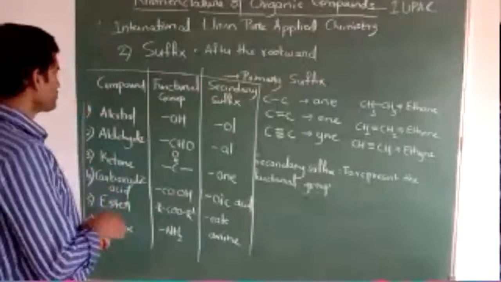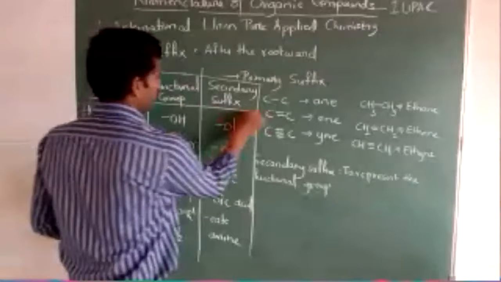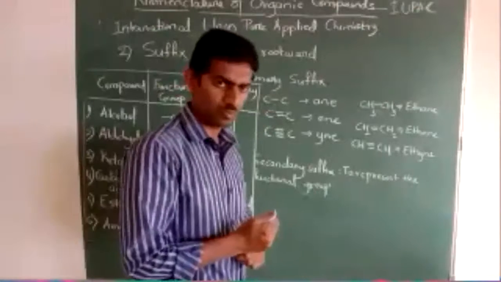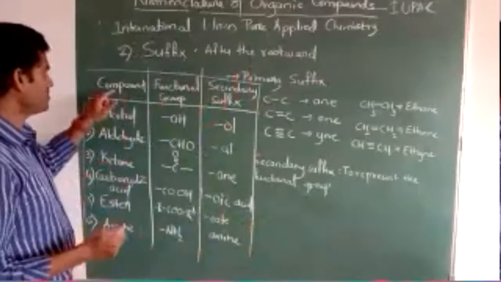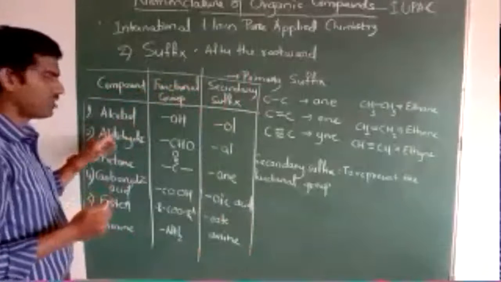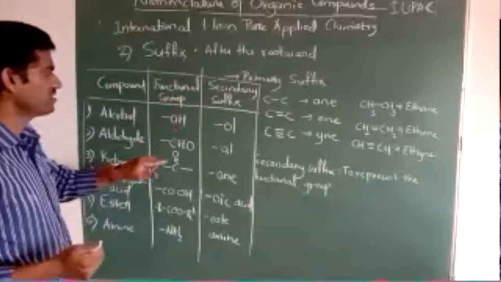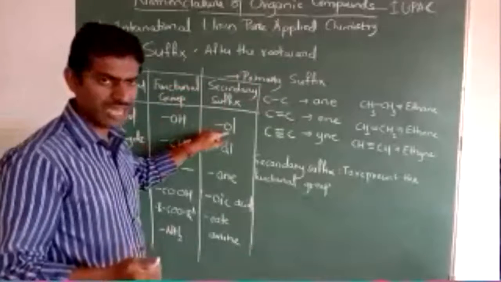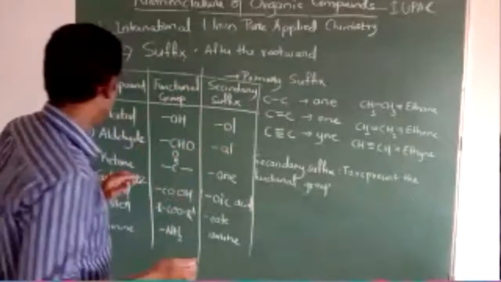Once again I will repeat. Why are we using a secondary suffix? To represent the functional group. Make three columns: compound, functional group, secondary suffix. If the chain contains alcohol, that is OH, the secondary suffix is OL.